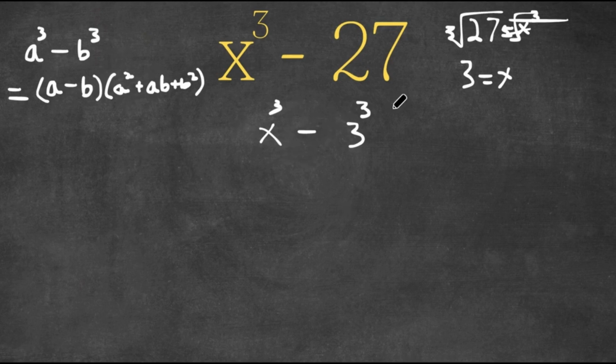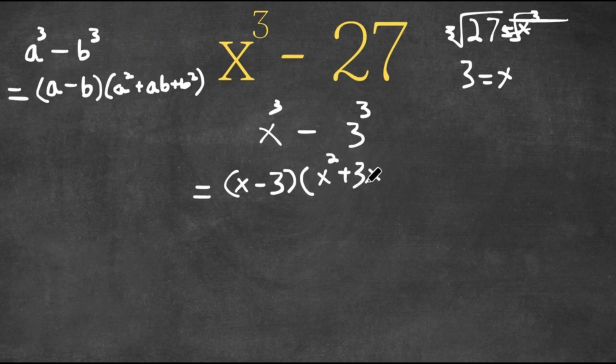So x to the power of 3 minus 3 to the power of 3, think of x as a and 3 as b. So this would be x minus 3 times x squared plus 3x plus 3 squared.